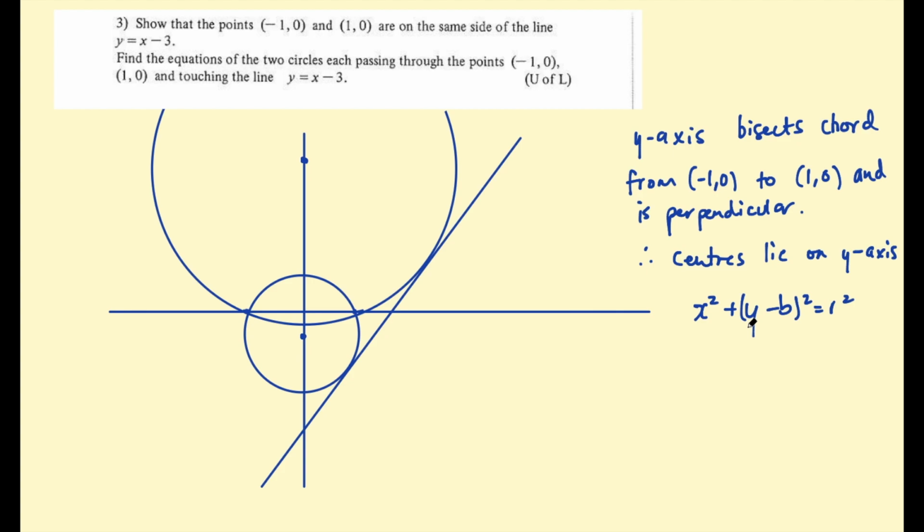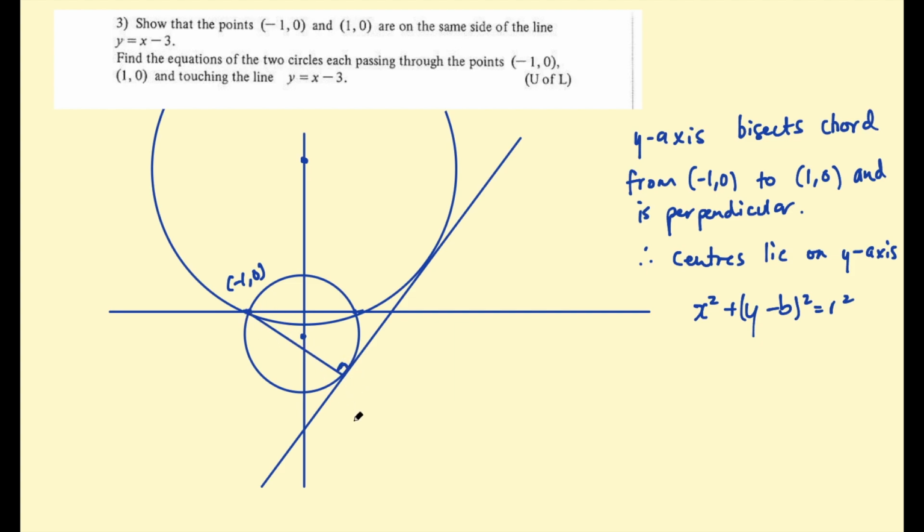The next step I took was to look at the perpendicular line from the tangent to this point, negative 1, 0. To begin with, I was looking for right angle triangles to work with. So I began by drawing a perpendicular from the tangent to this point, negative 1, 0. So I just said, okay, that's 90 degrees.